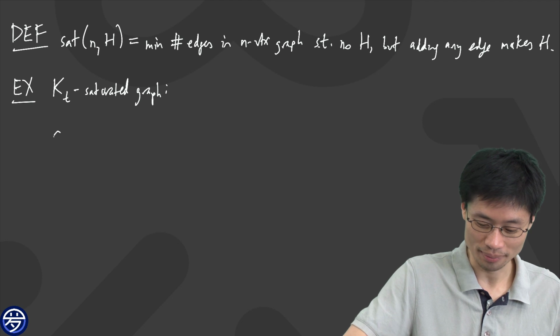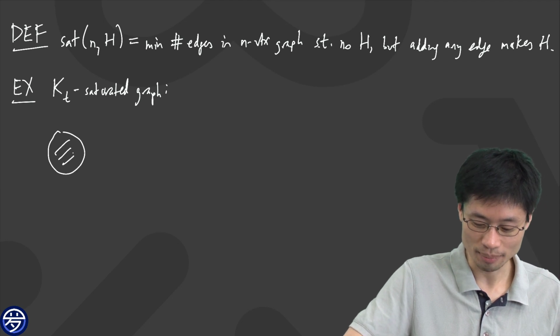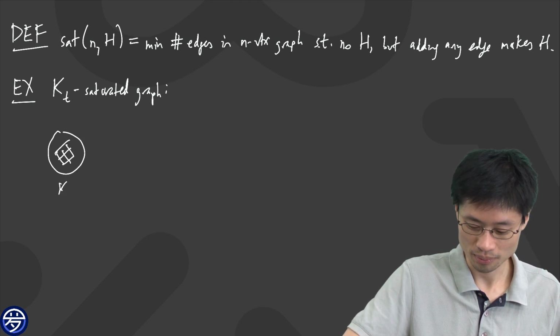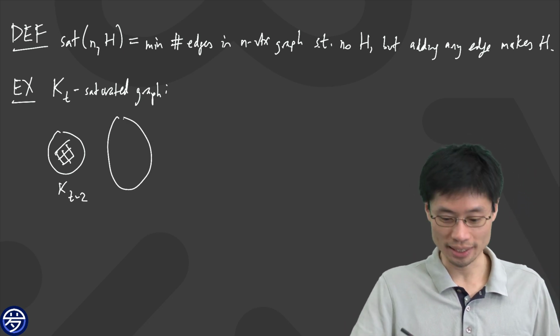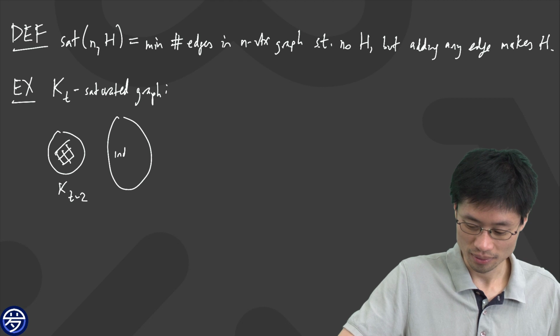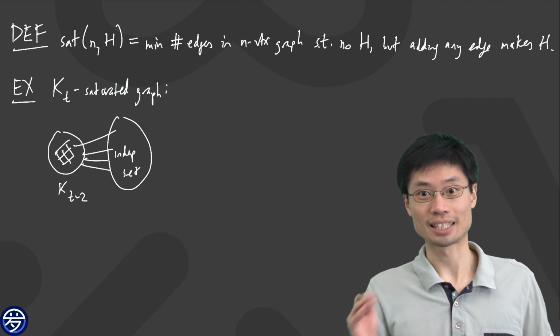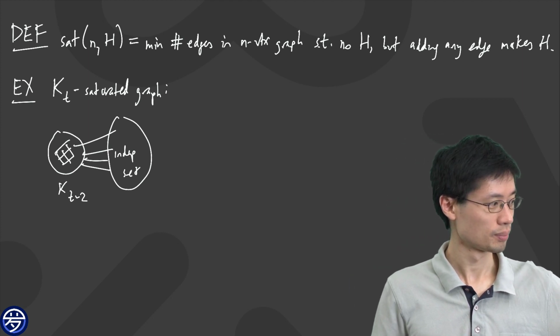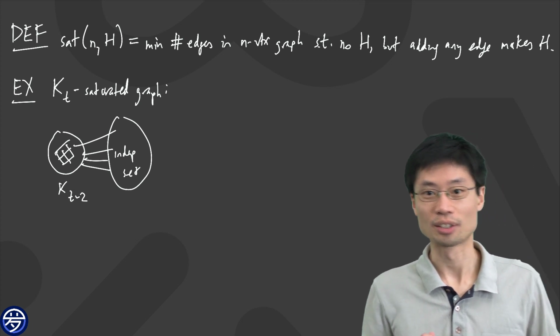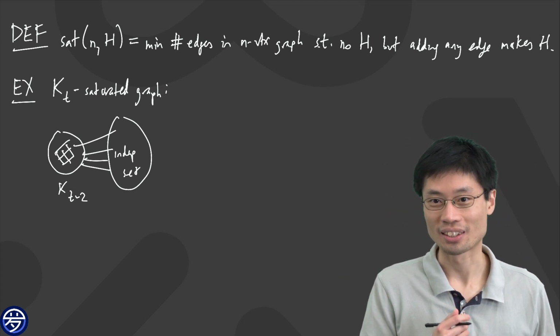I drew it as a K_{t-2}, and all the other vertices made an independent set. And we connect everything across like this.